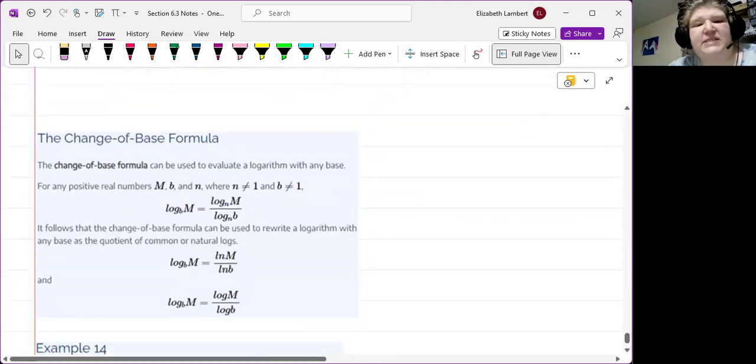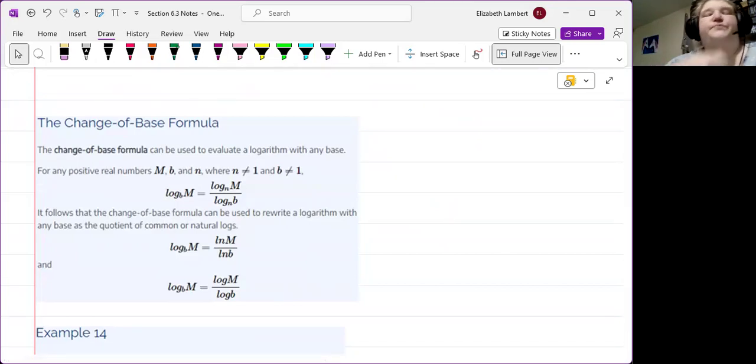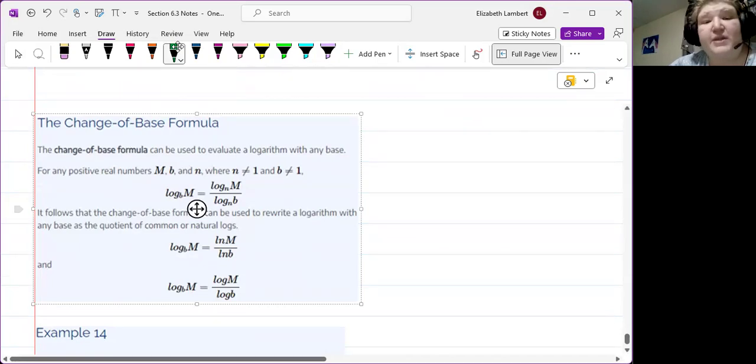Now, our last thing is, well, what do I do when I actually want to calculate one of these ugly numbers? Because when you look on your calculator, it's only got 2 logs. It's got log with the invisible base 10, and it's got ln, which is log base e. This will let you convert any other log into a quotient of those two.